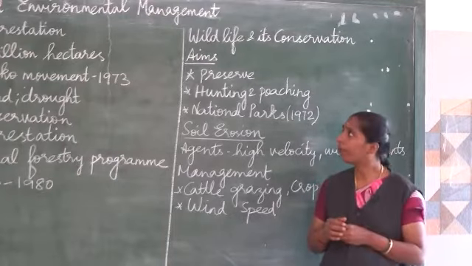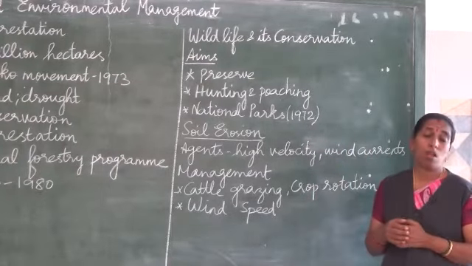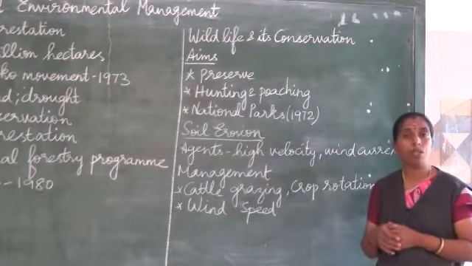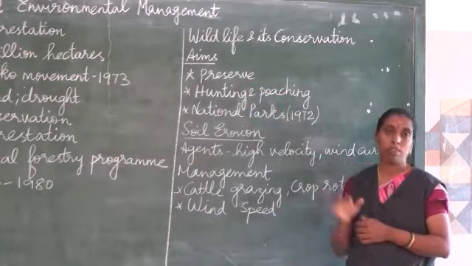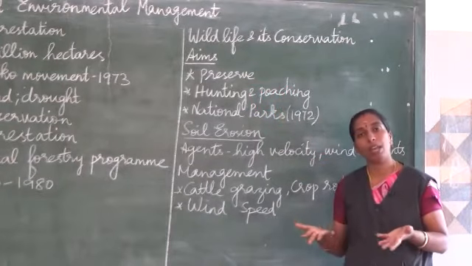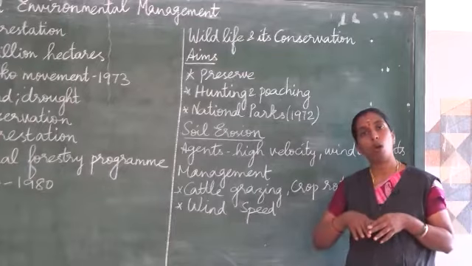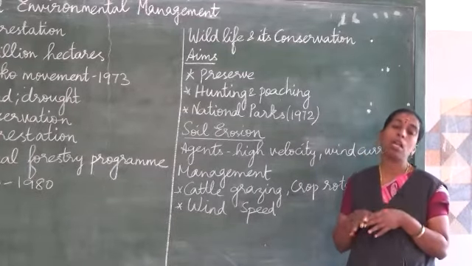So what are the aims for the conservation of wildlife? We have to preserve plants and animals. Without preserving plants and animals, we cannot survive. Not only plants and animals, all the natural resources should be preserved.